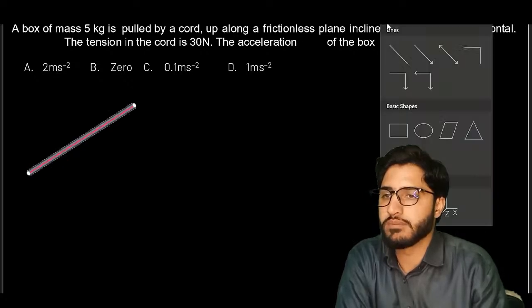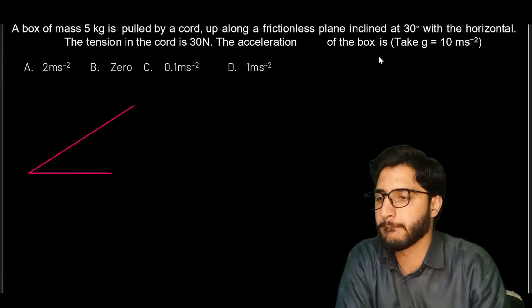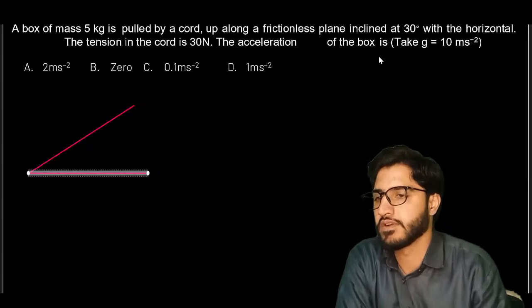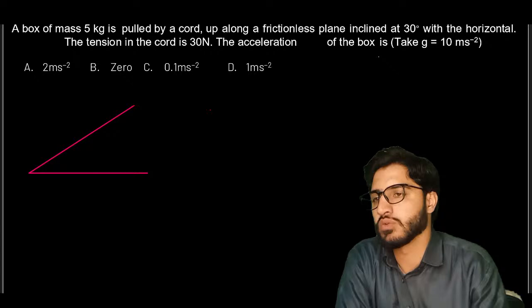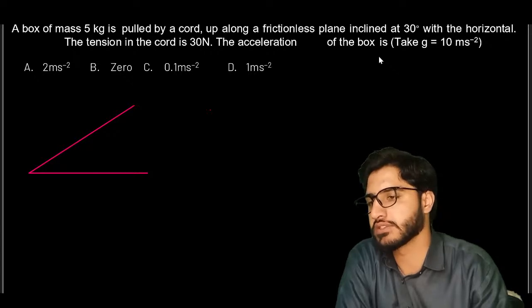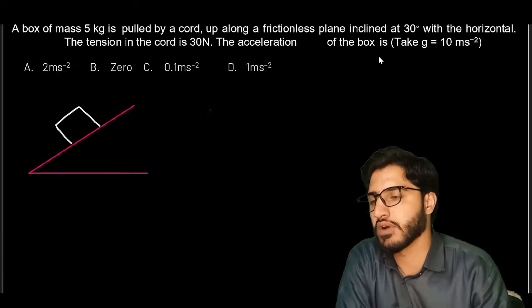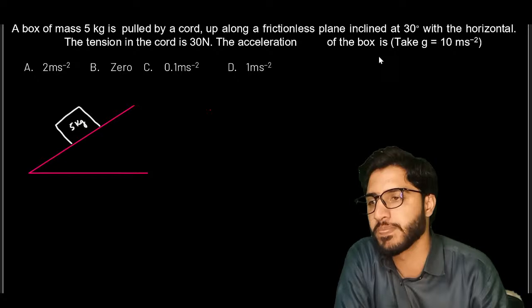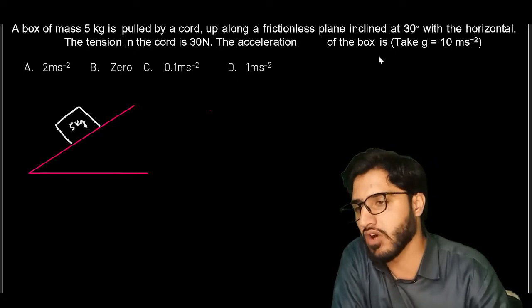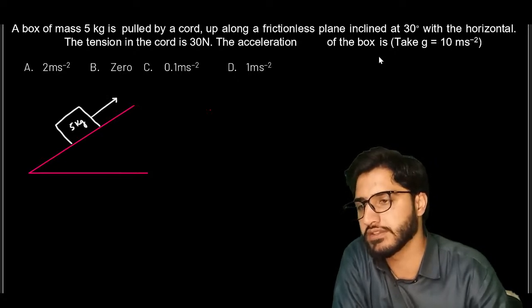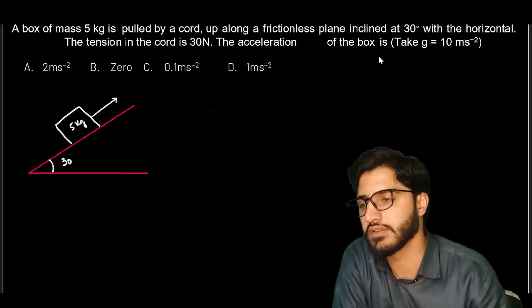So I will make the diagram. Okay, so we have a box like this, and the box mass is 5 kilogram, 5 kg. Then here we have a cord. And this angle is given to be 30 degrees, right?